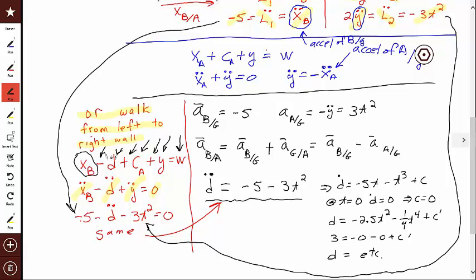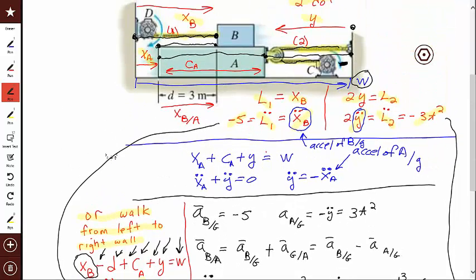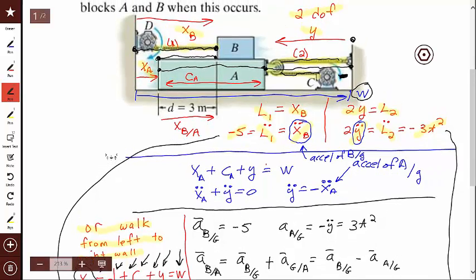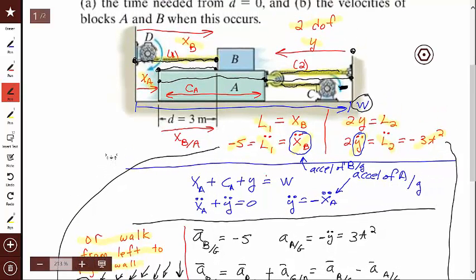Now, another way to get it, since you were asking about relative velocities, is that I'm going to use relative velocities. I'm going to try and show you that I get exactly the same thing.